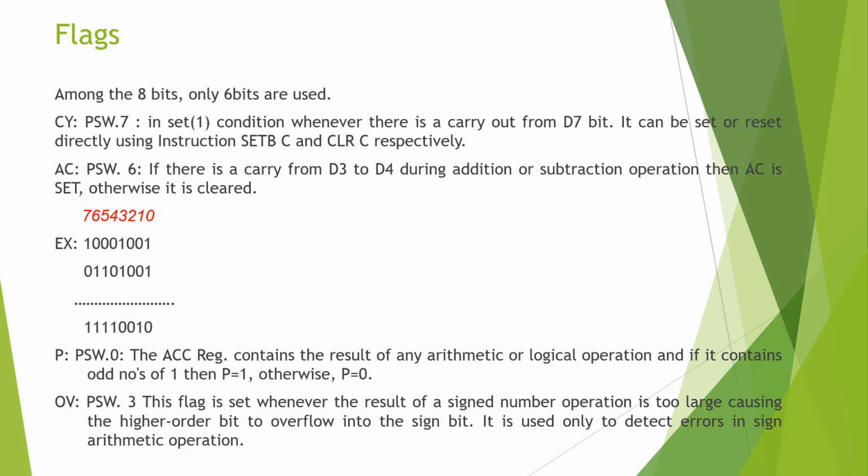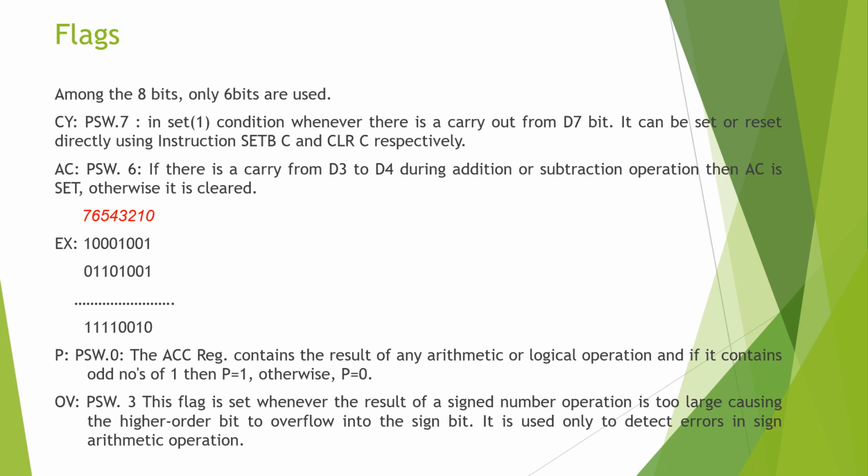If we are using signed arithmetic, that means we are taking two signed numbers. In that case, the result of a signed number operation is too large, causing the higher order bit to overflow into the sign bit. That means after addition, suppose we are adding two signed numbers, and the D6 bit of the two numbers is, for example, 1.